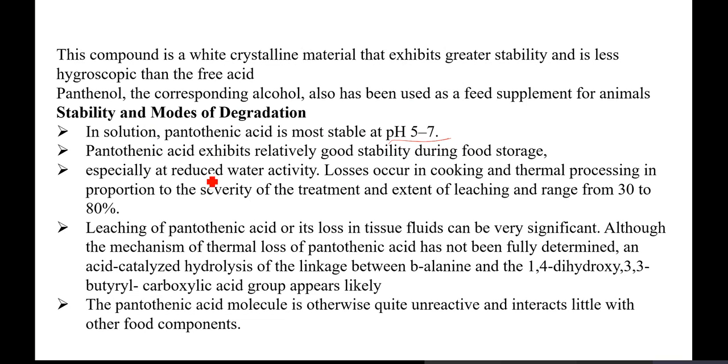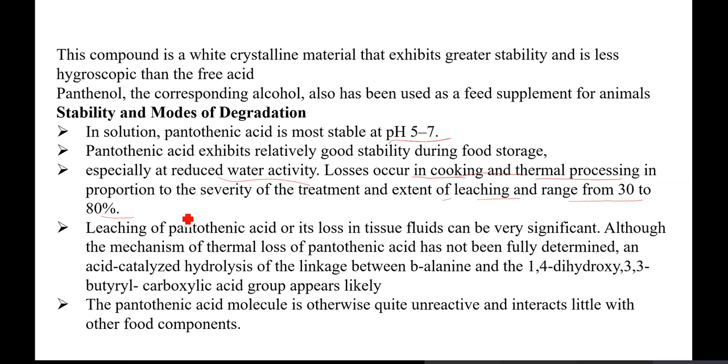Pantothenic acid exhibits relatively good stability during storage, especially if the water activity is low. Losses occur during cooking and thermal processing. For all vitamins, the losses usually occur in cooking, leaching, blanching, and thermal processing, because they are highly labile to heat. Depending on the severity of treatment, the extent of leaching ranges from 30 to 80%.